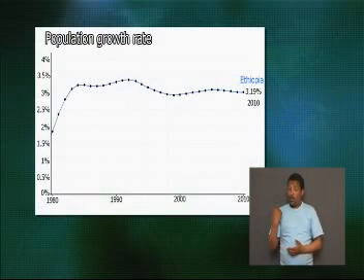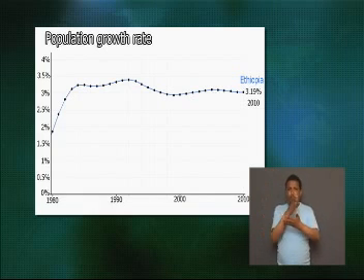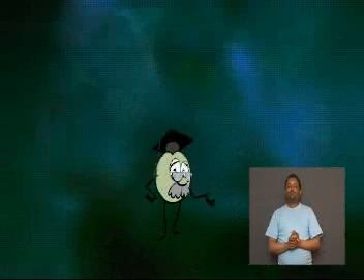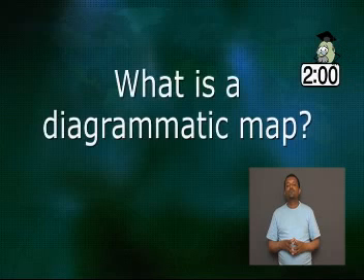Both line graphs and bar graphs are used to show the relationships between two geographic variables in time and space series. Students, take a moment to write down what you think a diagrammatic map is. Students, let's get ready. Begin.